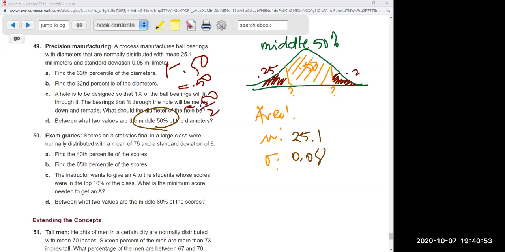Very good. So here you have to be careful. You have to find the area of the first one. To its left is 0.25. What did you get here? You should get 25.05.